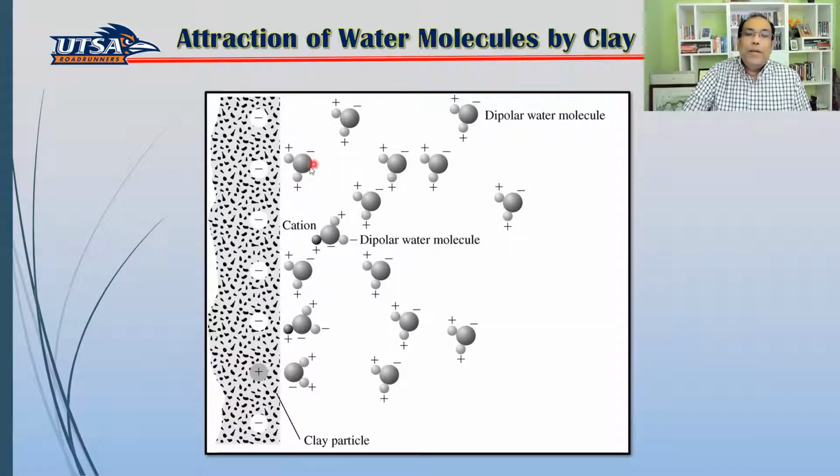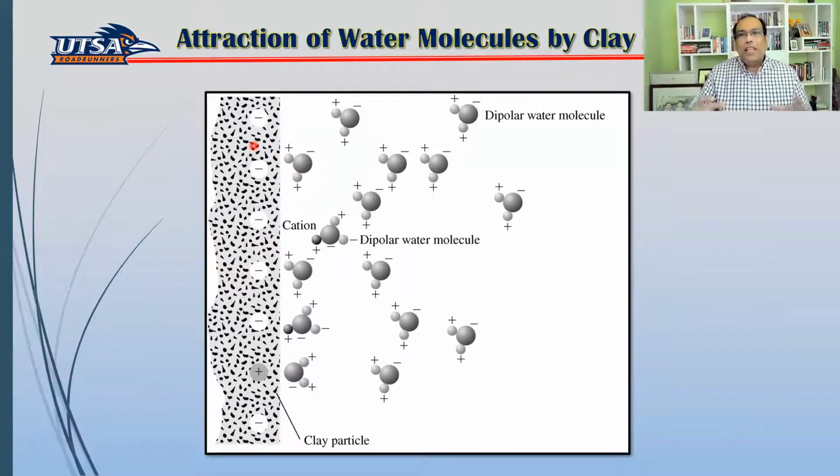The water molecule will polarize in such a way that the positive charge of the hydrogen will be close to the clay minerals, and the oxygen, like the anions, will be on the other side. That's why they will attract that water molecule very close to the clay minerals.